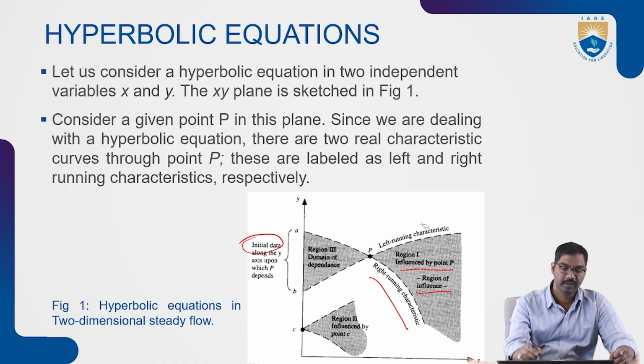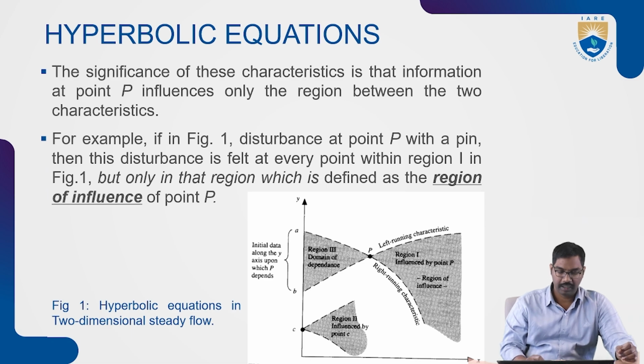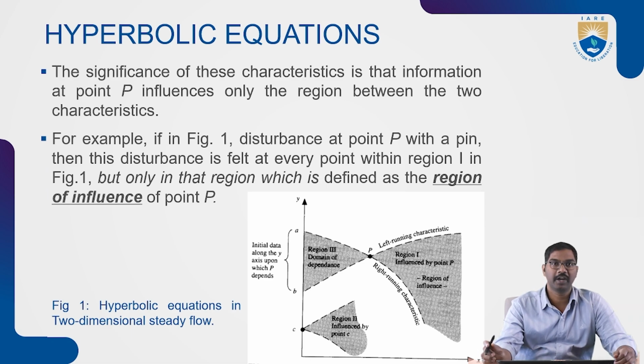Whatever disturbance we give at point P, the region of influence is defined ahead of the point P. If we extend those lines back towards the y-axis, we get region 3, which is considered the domain of dependence.